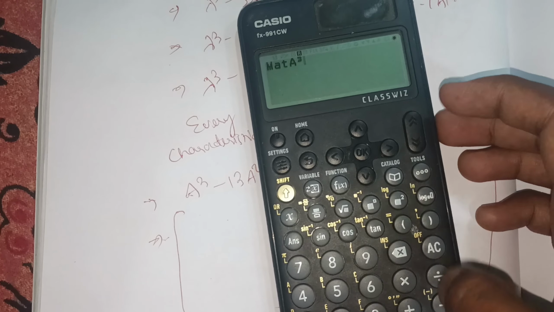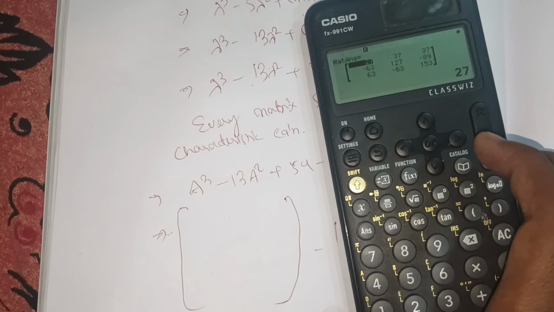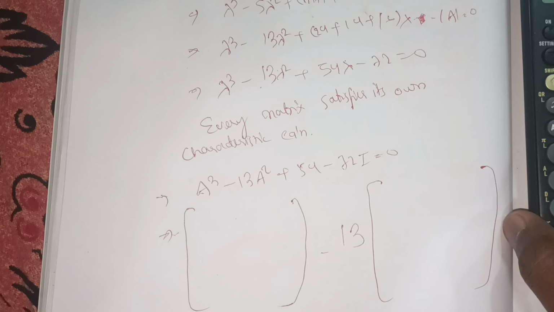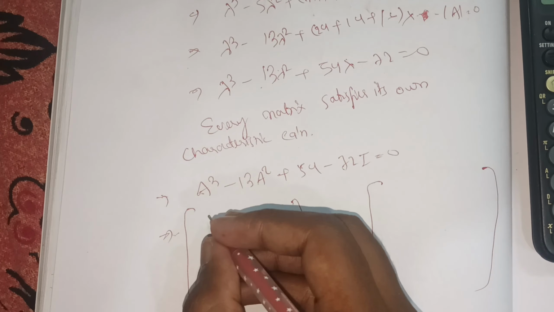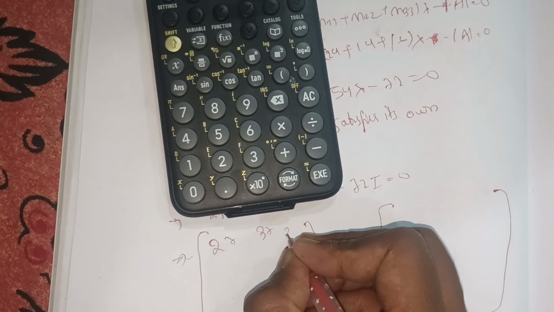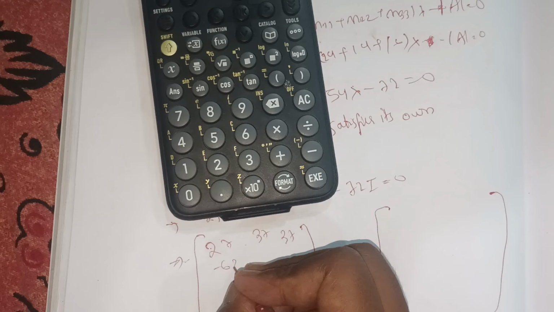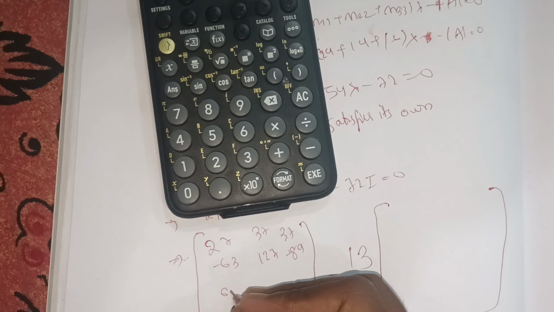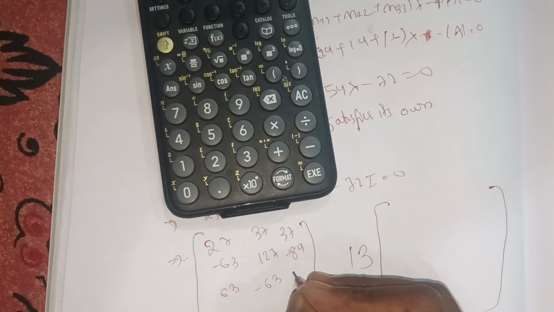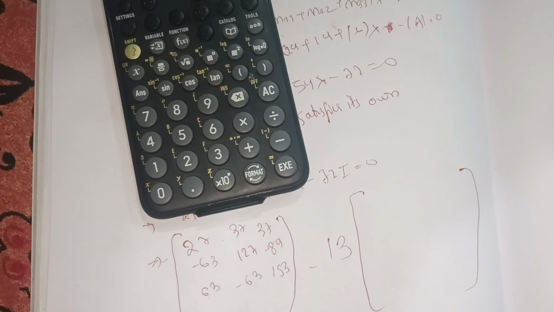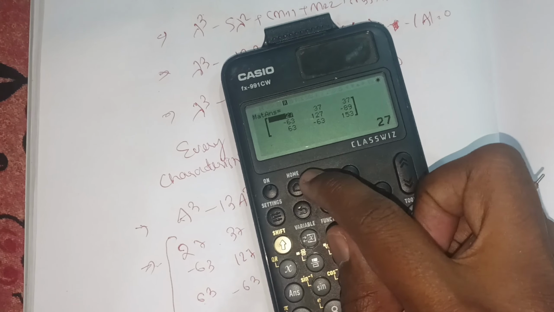So here matrix cubed, what is it? It is showing 27 37 37, minus 63 127 minus 89, 63, minus 63, 153. So I wrote it here in the notebook. Next, 13 into A square. A square I am calculating again.